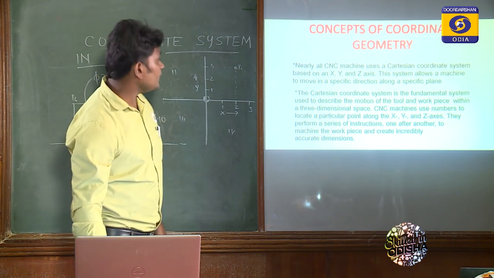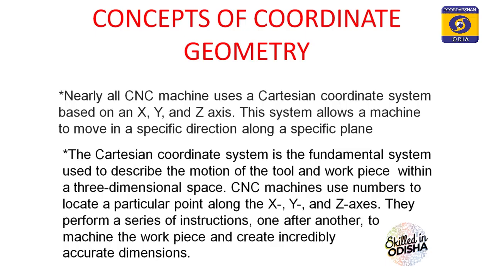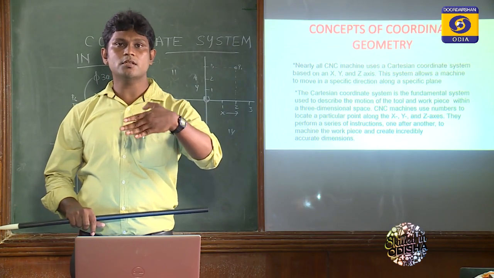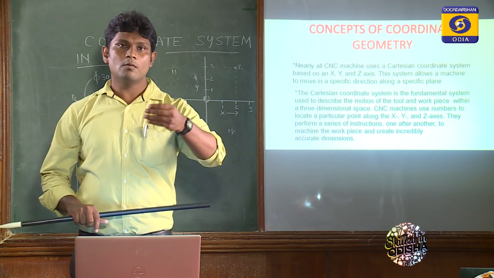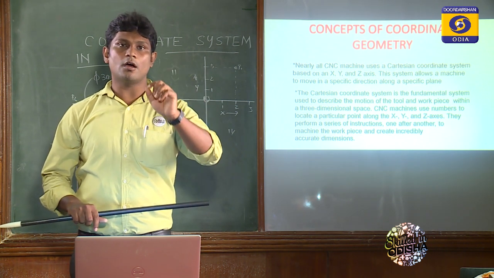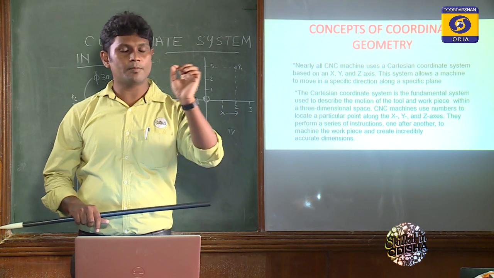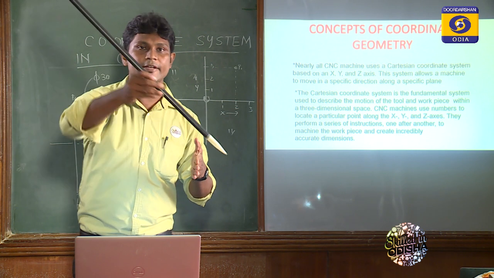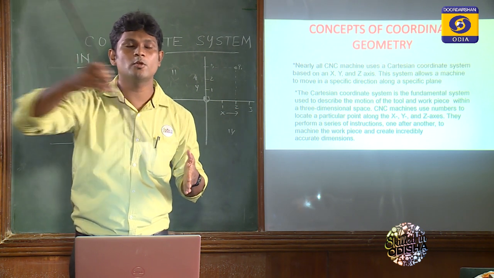Now, the Cartesian coordinate system is a fundamental system used to describe the motion of the tool and workpiece within three-dimensional space. So what happens? We give the coordinates as inputs in the program. That means we are giving different positions in the part programming, so that according to the program, the tool path geometry will be created.